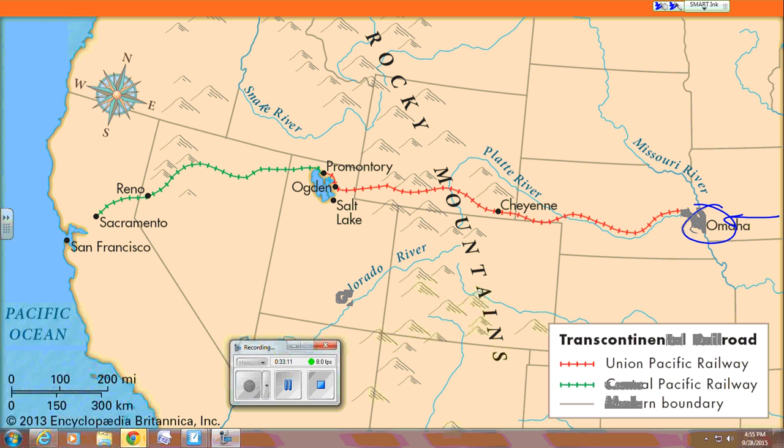Okay? So we already had that far to the Missouri River. The problem was we didn't have this part of the country covered. So they basically created 2 teams, and they were racing to the finish. The finish is right here, Promontory Point, Utah. That was the final mission.